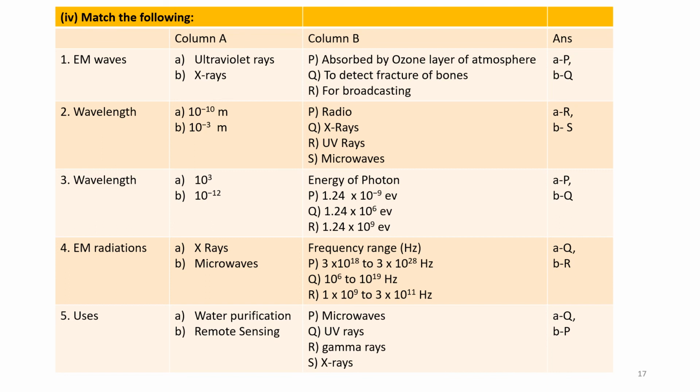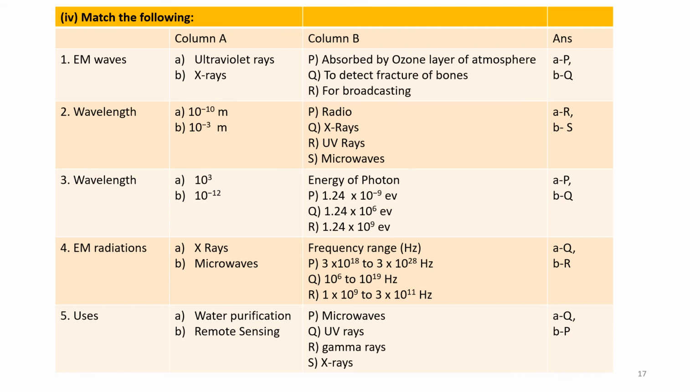We have to identify the correct range of wavelength given in column A. Therefore, A is R, that is 10 to the power of minus 10 meters of wavelength corresponds to ultraviolet rays. And option B, that is 10 to the power of minus 3 is S, that is it is microwaves.